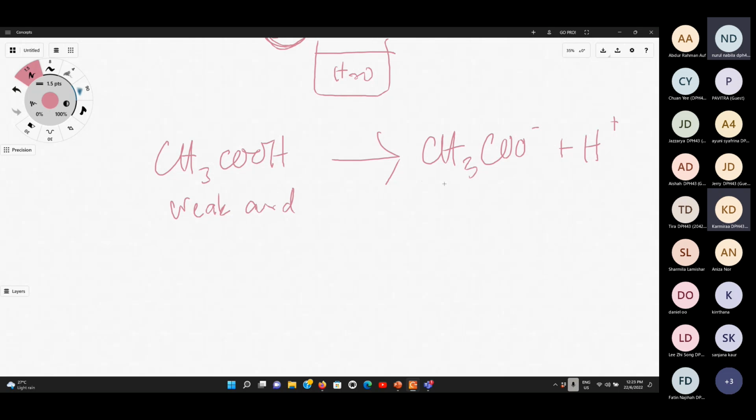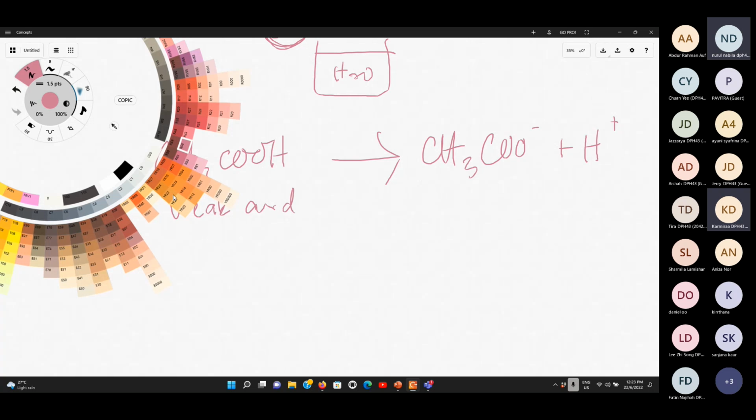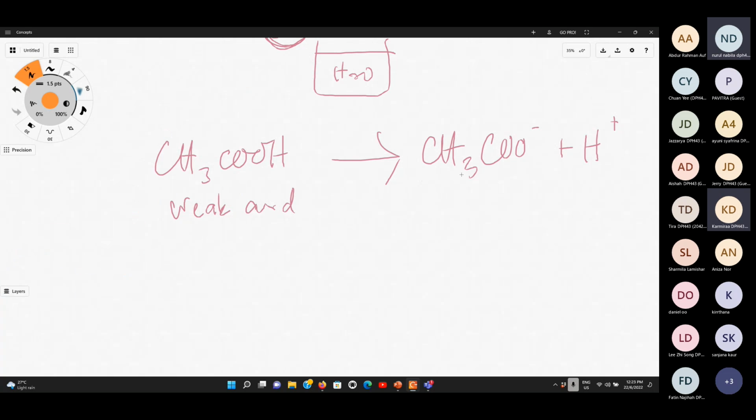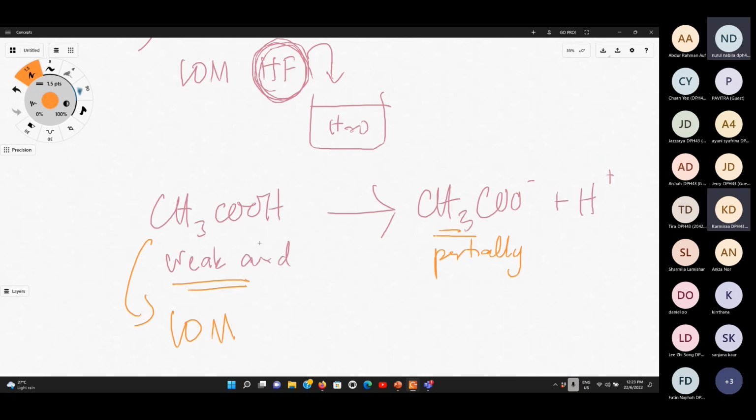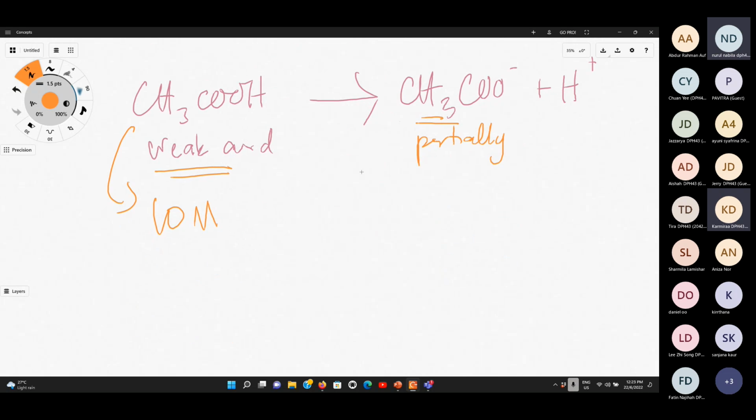Selebih ada hydrogen kat sini, tak dissociate dengan sepenuhnya. There are still hydrogen here. Okay, ada 3 atom lagi kat sini. So partially dissociate. So this is a weak acid. Tapi kita boleh prepare the solution up until how many 10 molarity juga. Same concentration as that. Tapi dia masih lagi a weak acid. Cuma a weak acid in high concentration.